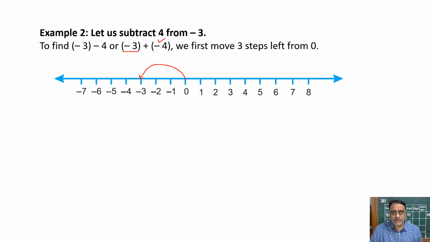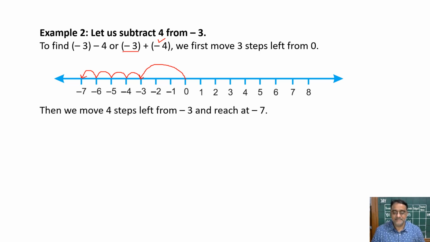Now we have to add -4, a negative integer. So we have to move left or right? Left. Very good. 1, 2, 3, 4. कहाँ पहुँच गए? -7. So -3 minus 4 is nothing but it is -7, right?